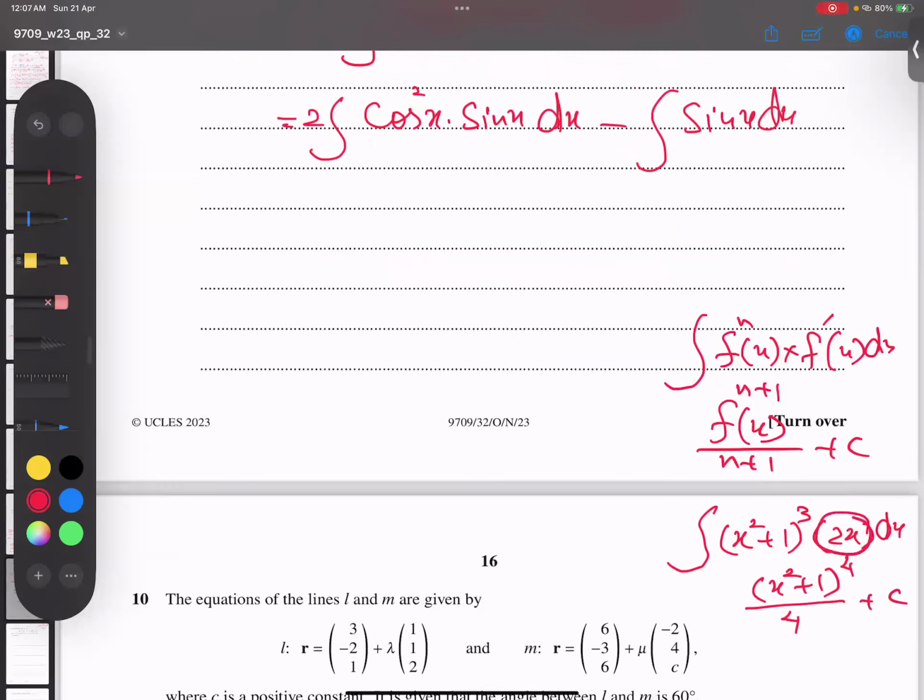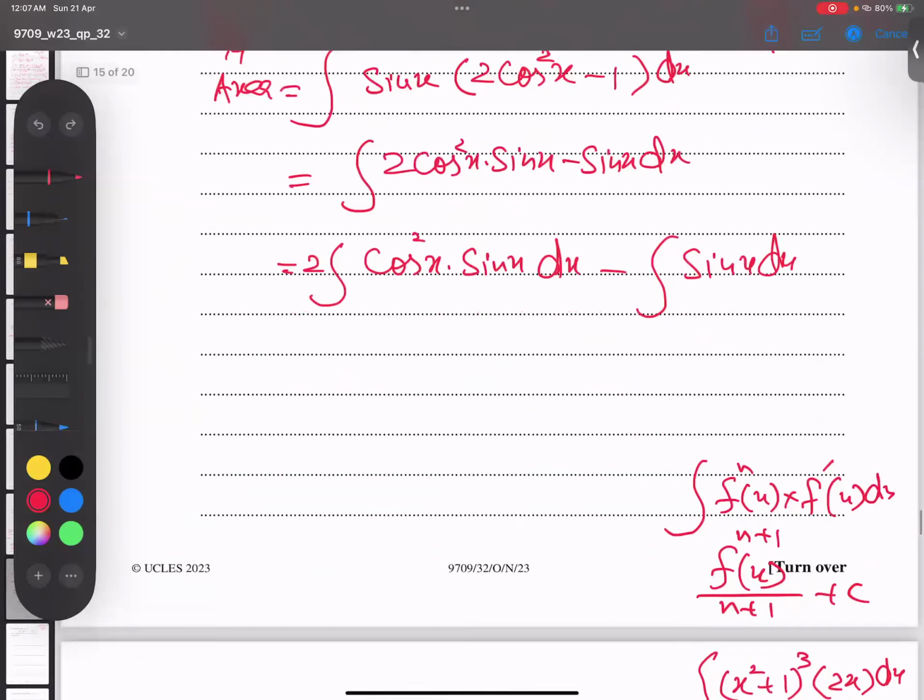You can ask me, where has the 2x gone? Actually, this base's derivative is 2x. If I write 2x down, the two 2x will cancel each other, so that is why I'm not showing it. I believe you got my point. When I increase the power by 1 and divide by the same, the derivative goes down and cancels. Same story here.